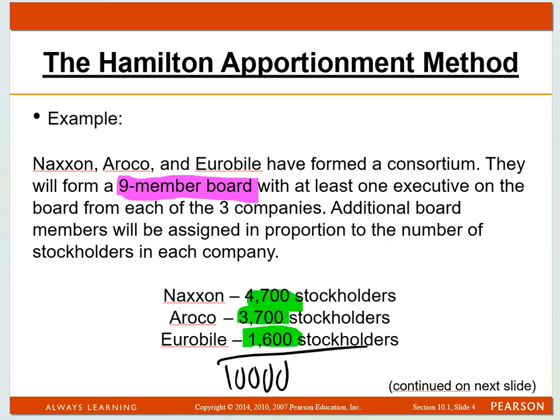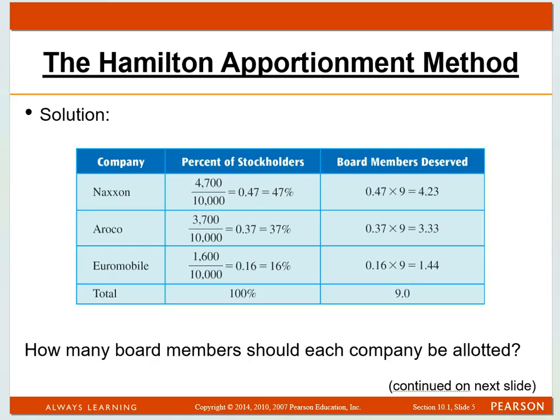So to get the percentage, the next slide shows a table here, for Naxon there's the 4,700 that they had, divided by 10,000, and you get 0.47, which is 47%. But you will simply take that 47% and multiply it times 9. And that will give you 4.23.